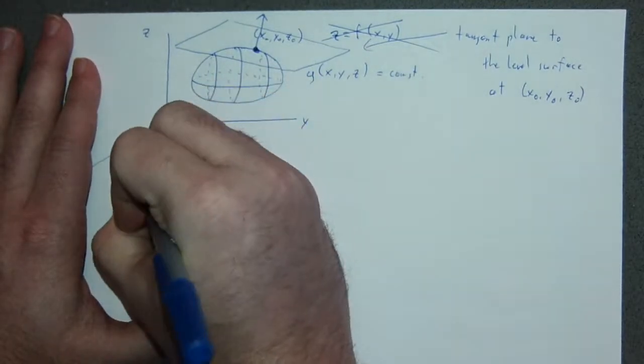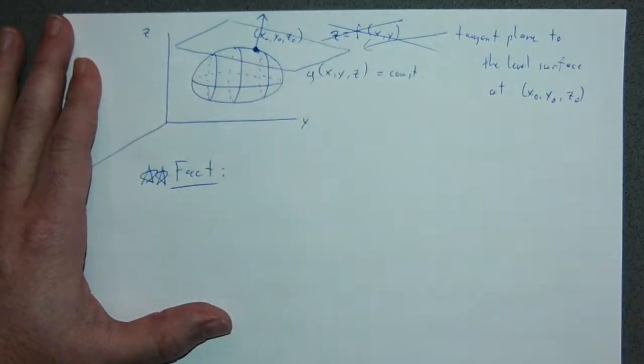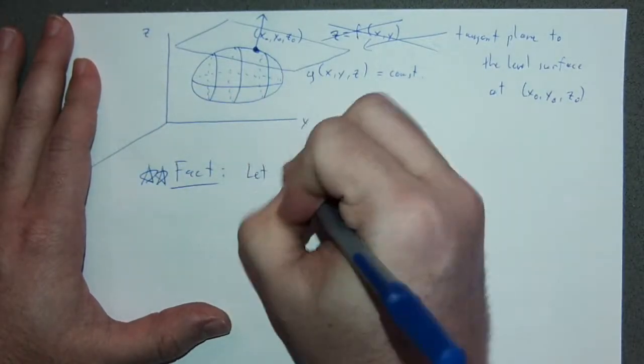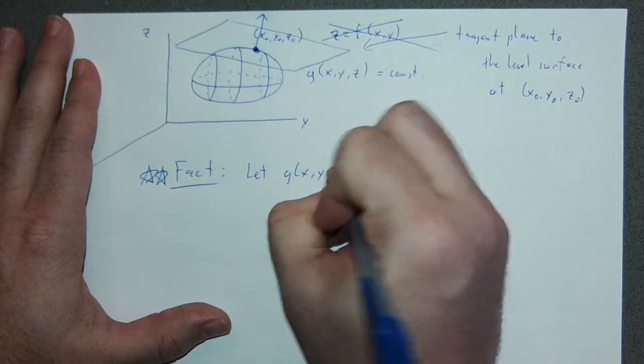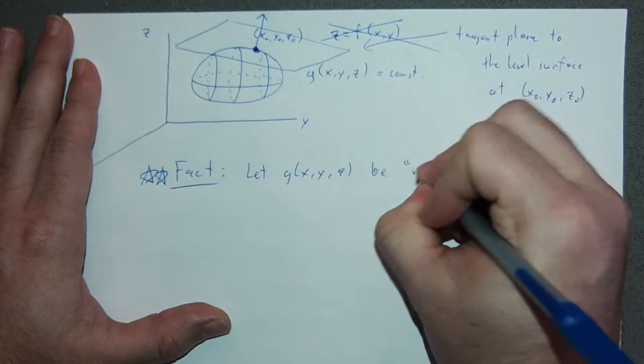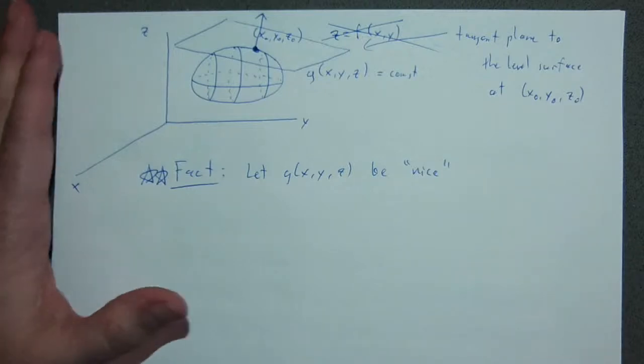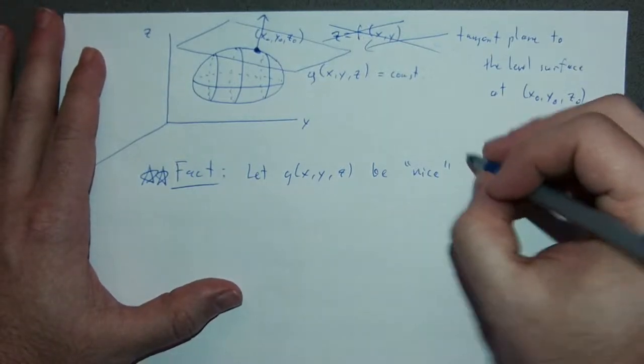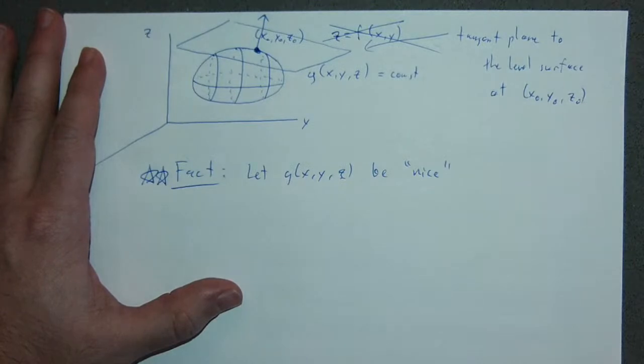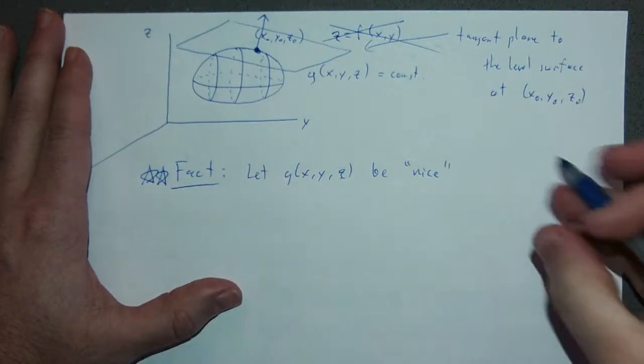So here's the very important fact. Let g of x, y, z be nice. That means it has its first order partials, they're nice and continuous, so that the level surface we get is an honest-to-God surface and is also nice. So let g of x, y, z be nice. That means, again, it has continuous first-order partials, so it's first-order differentiable at least.